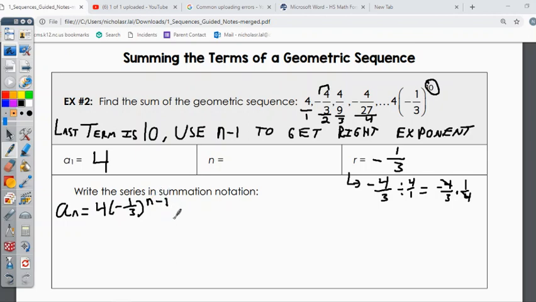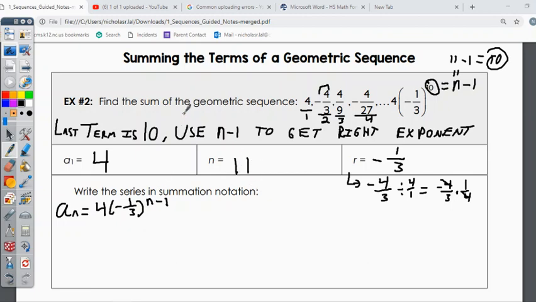All right? Now that means that n is going to be equal to 11. Because the exponent 10 is going to be equal to n minus 1, which means n is equal to 11. Because 11 minus 1 would equal 10. So n is equal to 11.